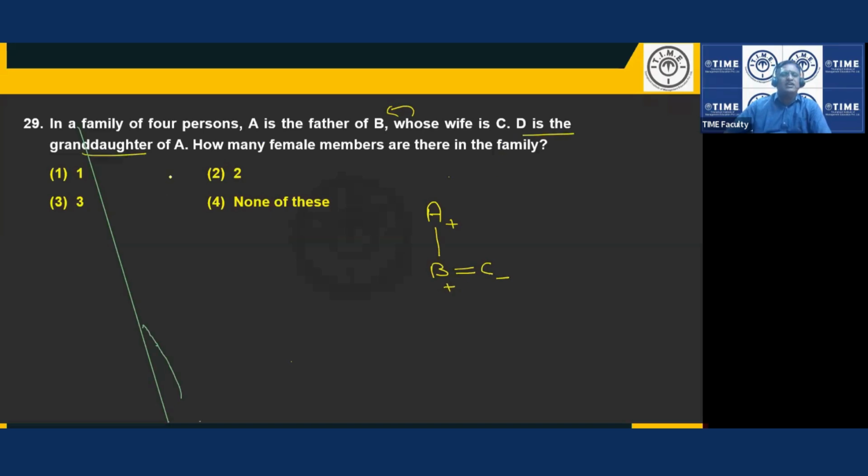And D is a granddaughter of A, meaning the children of this couple B and C, D is a granddaughter. Then how many female members are there in the family? C is female, D is also female. 2 females in the family. Option number 2.